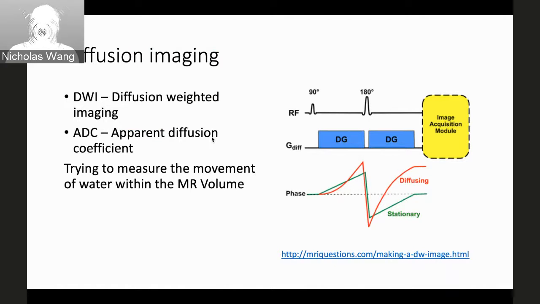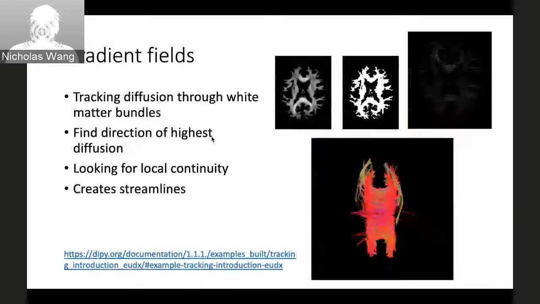So for the apparent diffusion coefficient, the intensity does have a meaning, whereas for most of the other imaging, including diffusion-weighted imaging, the signal intensity values don't have a meaning that is consistent across different acquisitions. So 100 in the diffusion-weighted imaging at one time doesn't mean the same thing as 100 on another image taken at a different time.